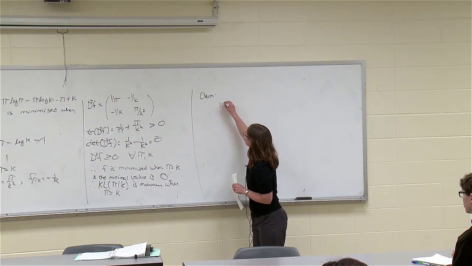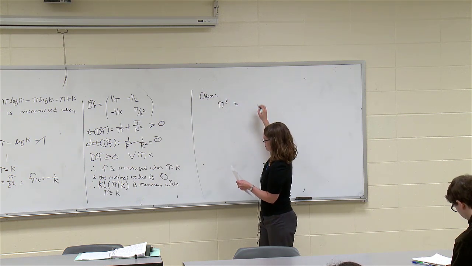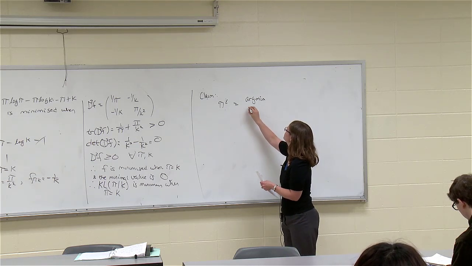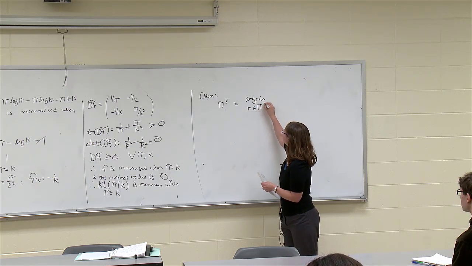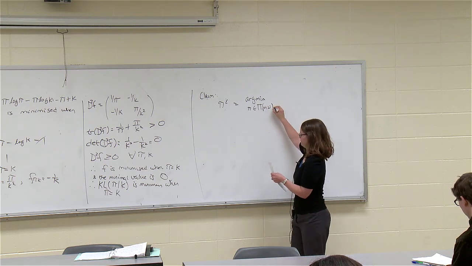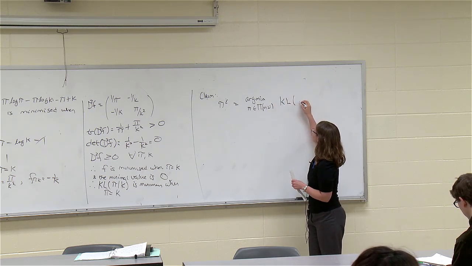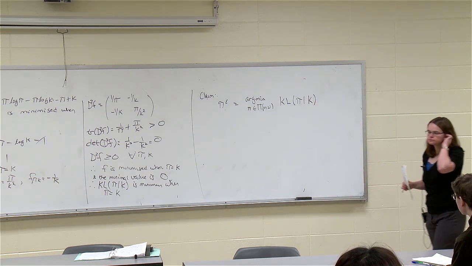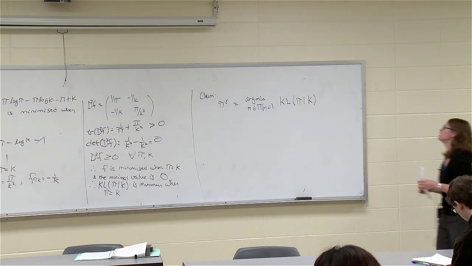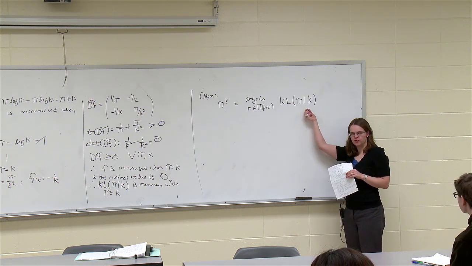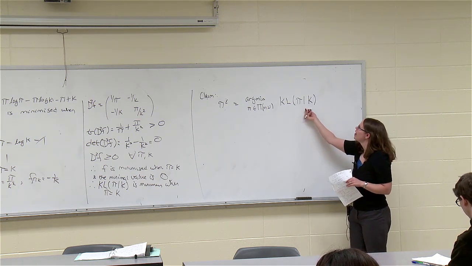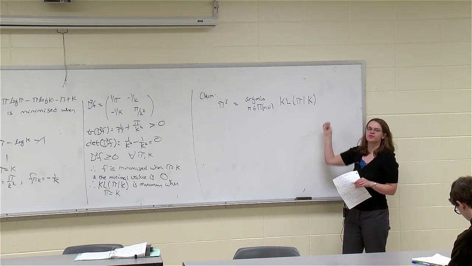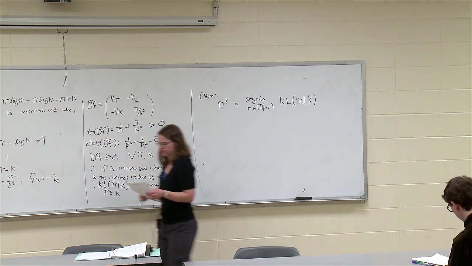So I claim that pi epsilon is indeed the argmin over all feasible transport plans of this divergence. We take our Gibbs distribution, which was just a super simple coupling that did reasonable things, and we find the feasible plan that's as close as possible to it, where as close as possible is defined in this sense, using this KL divergence.